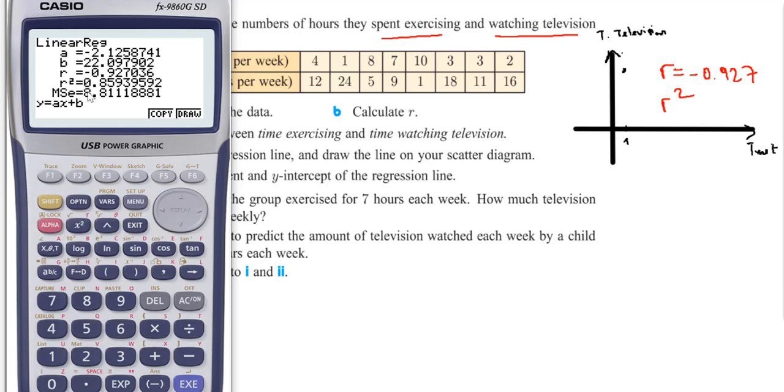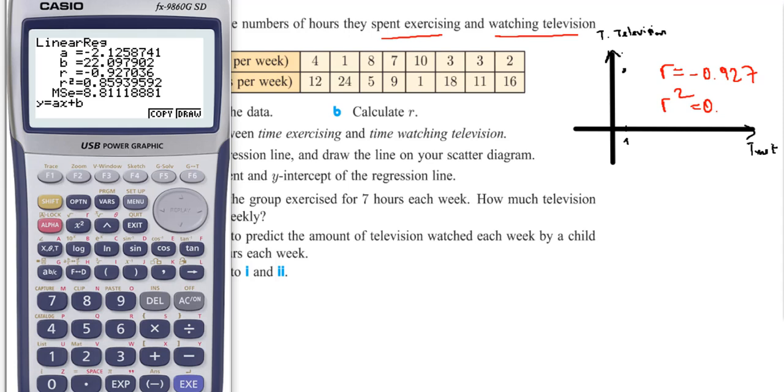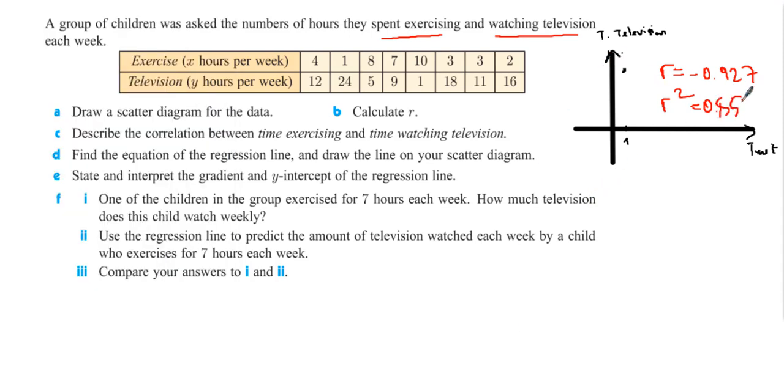This one, R squared, actually this information, let me write it also. It was 0.859. It tells you how well your line fits your data.